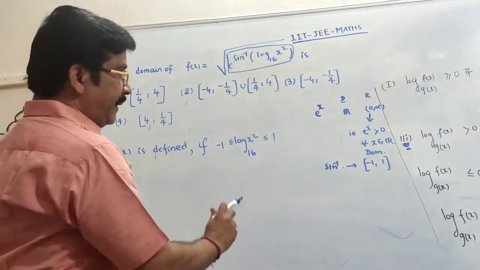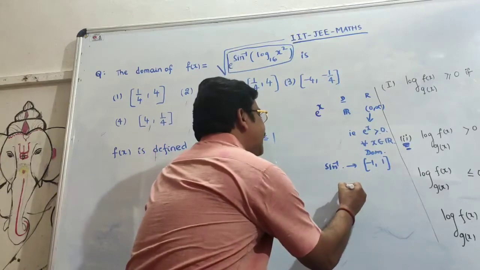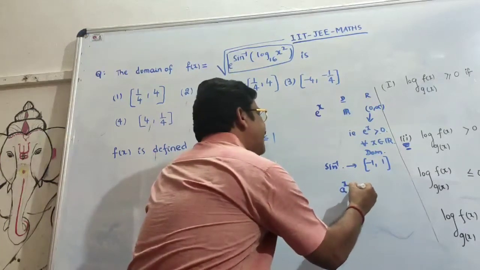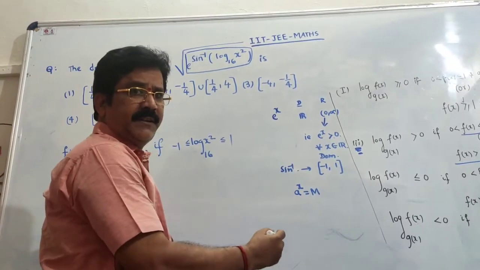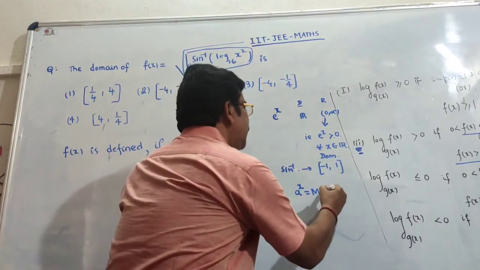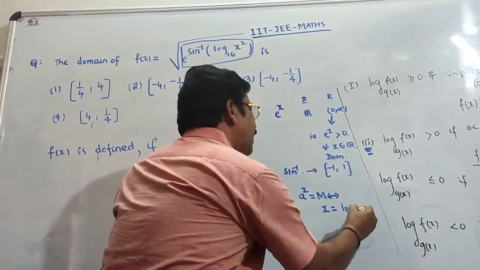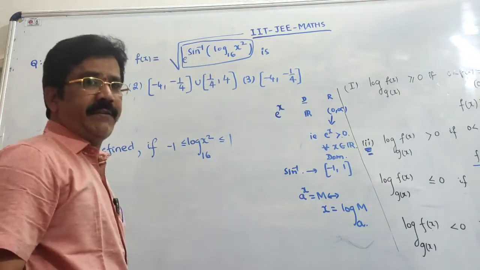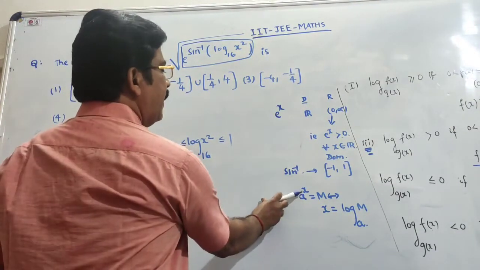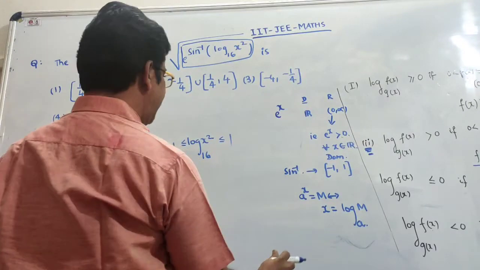Listen, if a power x is equal to M, this is the definition, that implies x equals log M to the base a. So a power x equal to M, then x equals log M to the base a.